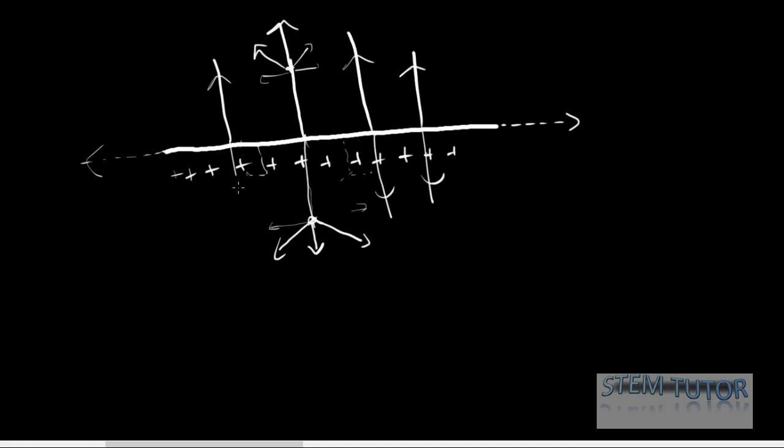So what is the best Gaussian surface that's going to get rid of the dot product between the Gaussian surface and the electric field? A cylinder. So the best surface is a cylinder.